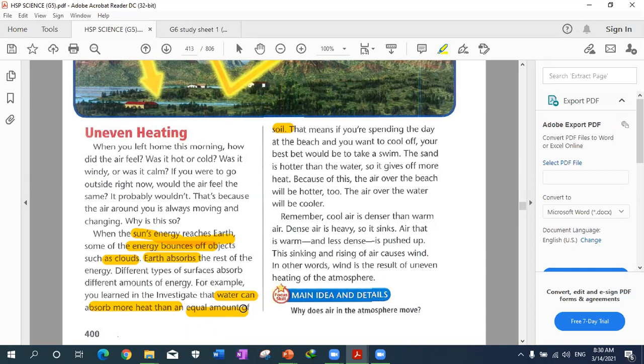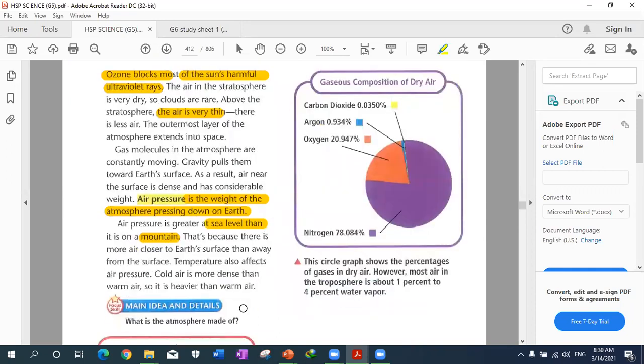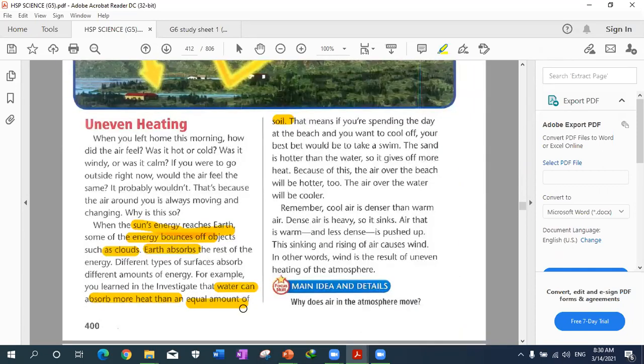That means if you are spending the day at the beach and you want to cool off, your best bet would be to take a swim, right?